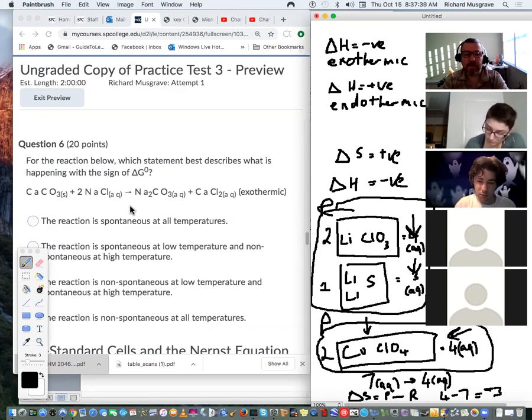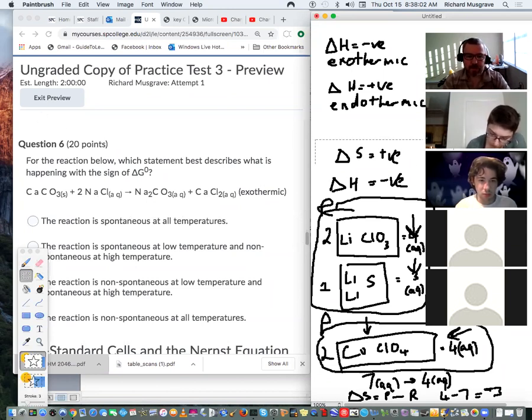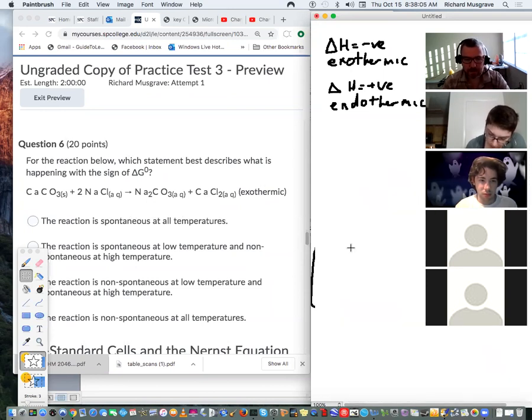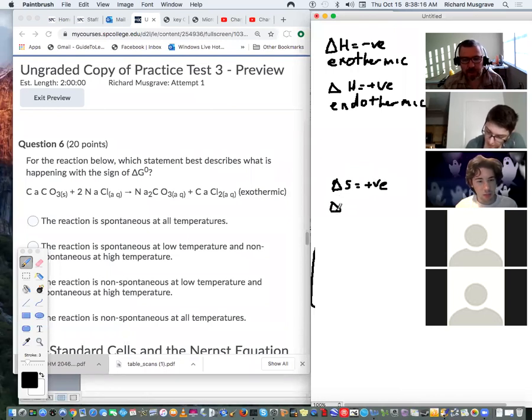If I did want to count them, it would be 4 for the 2 NaCls, then 3 for the Na2CO3, and 3 for the CaCl2. So it would be 4 going to 6 if I was doing that. So I know that delta S is positive. So for something like this, I can see that delta S is positive just by looking at it, and delta H is going to be exothermic.